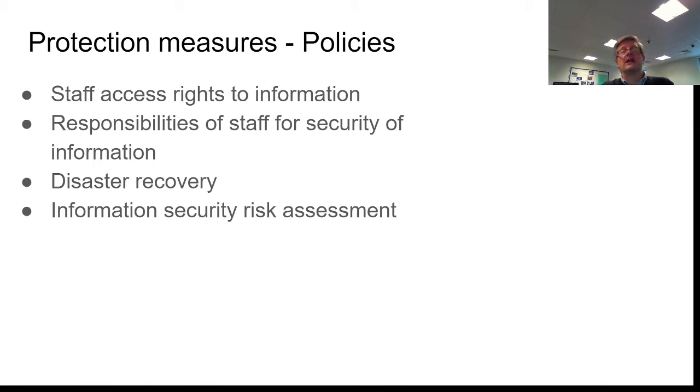There'll also be something in the policy that looks at, well, what are the risks around the security? What things do we need to think about? What exactly are the problem areas? What's the area within the organization that perhaps poses the highest risk or the lowest risk?